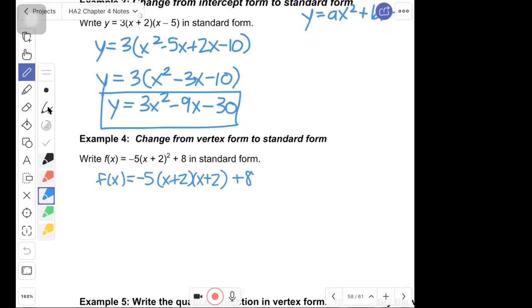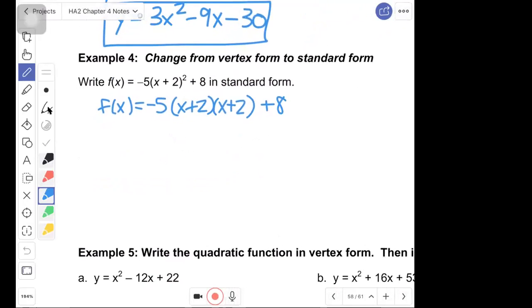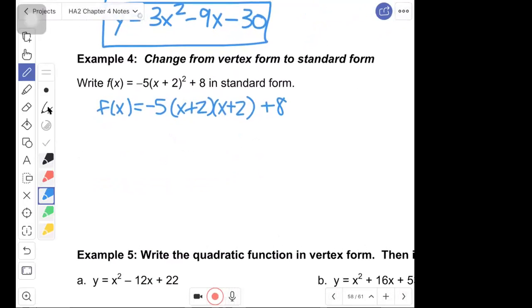Jaden, what do you think we should do next here? How could we simplify? Would you FOIL the x plus 2 into each other? Yep. Let's FOIL that binomial, or the 2 binomials.